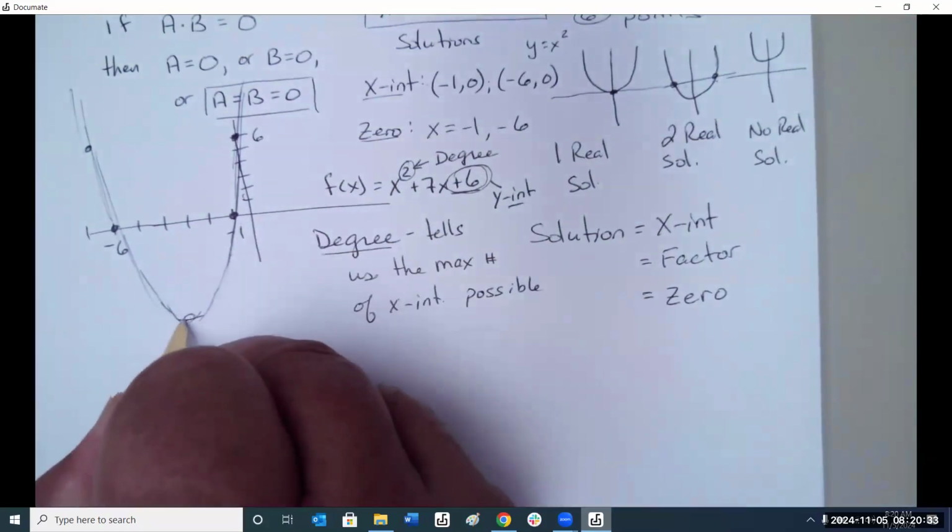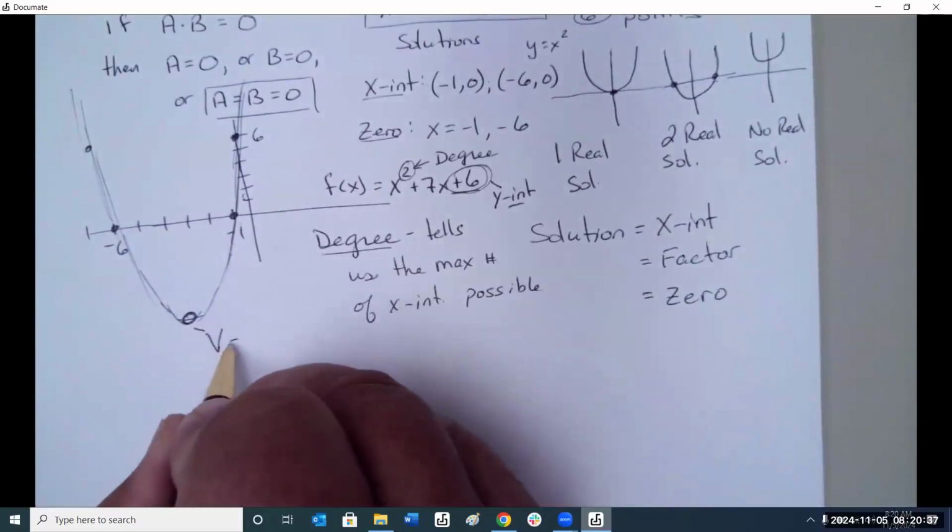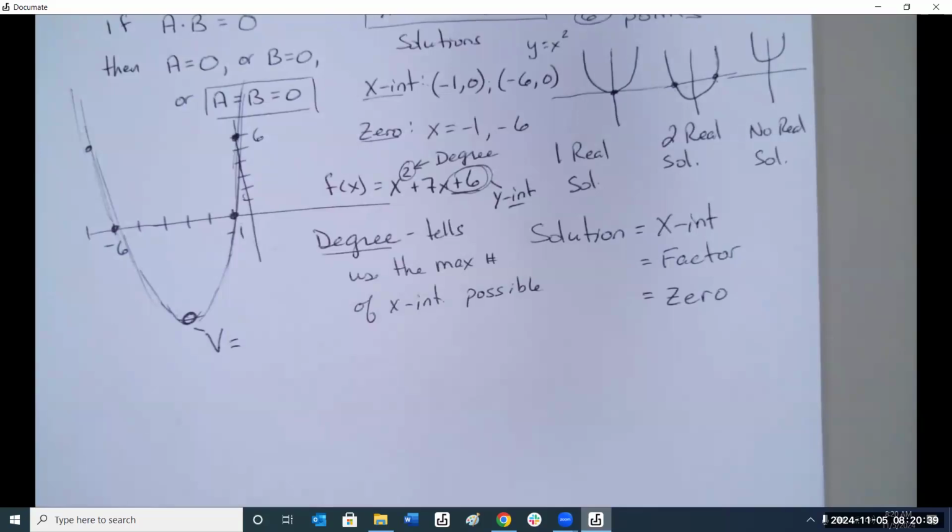Now we have to figure out what that location there is. What is the vertex? How do you find the vertex of a quadratic equation?